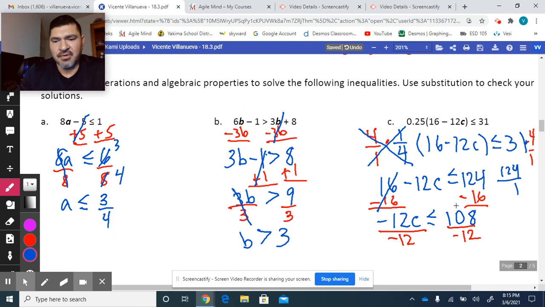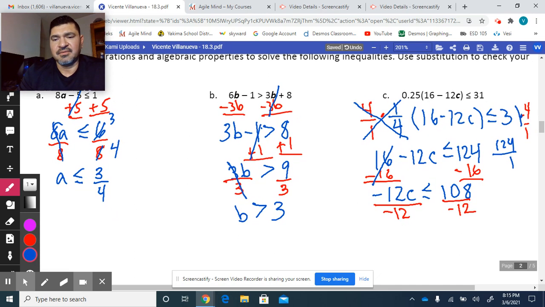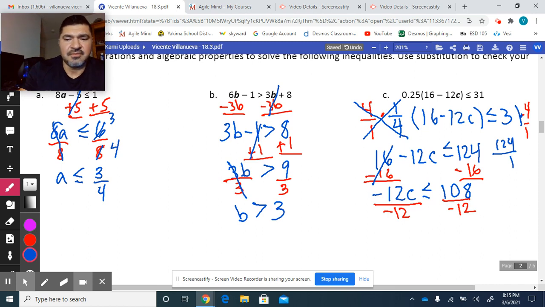Okay, now something important just happened. We got negative 12 divided by negative 12. That equals 1. 1 times c is c. What was the important thing that we did here? And this is a common mistake to forget, okay? Because we divided by a negative, we have to change the sign. We have to flip this sign.